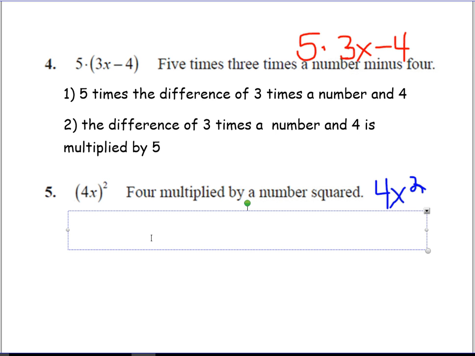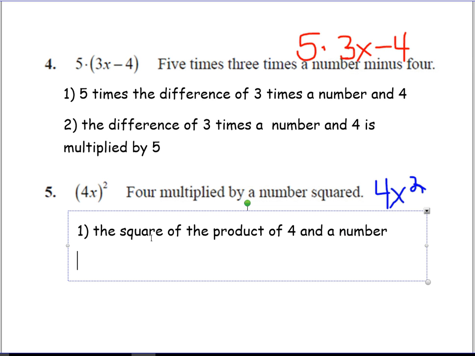So we can say the square of the product of 4 and a number, or we can say, just reversing the language, the product of 4 times a number is squared.